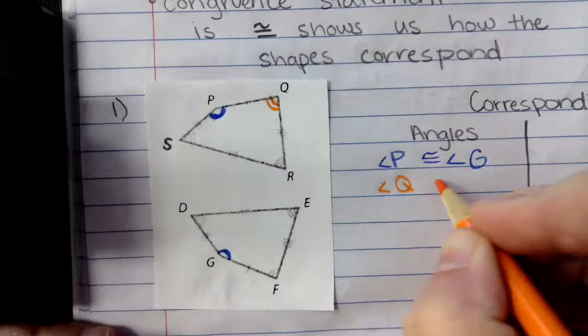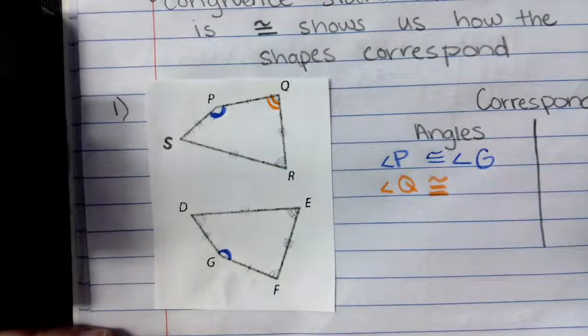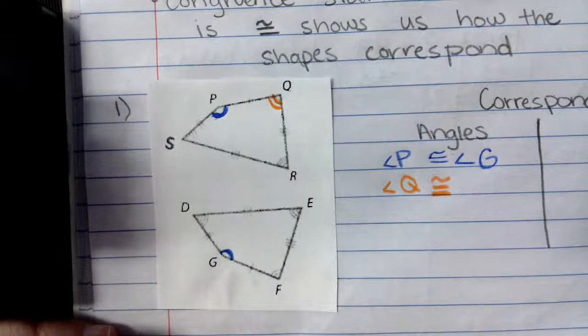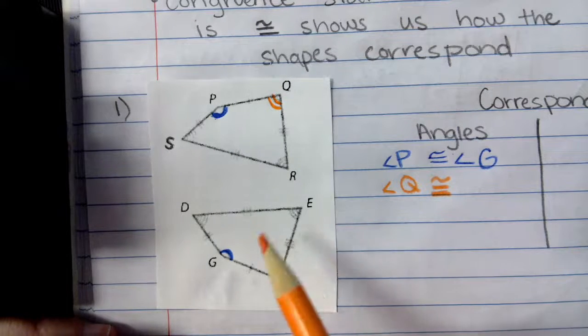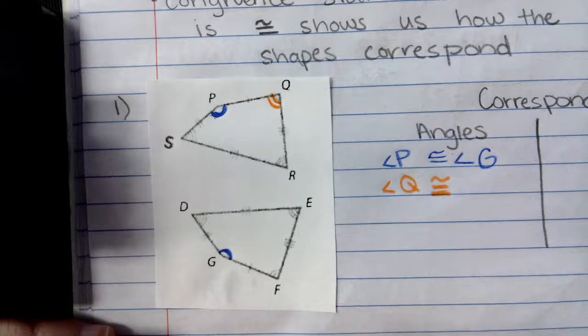Which angle down here has two arcs, or which would match with angle Q? Angle F, yep. So again, we're marking it up because I know it didn't show up really great on that printing. But angle Q matches with angle F.